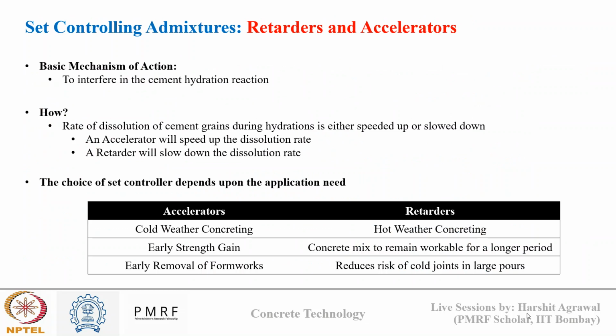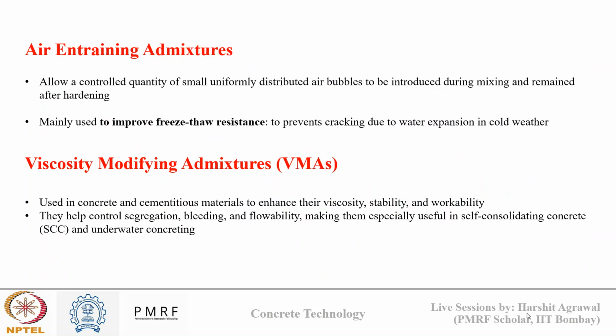After this, we talked about the action, application, and basic chemistry behind working of set controlling admixtures, which includes accelerators and retarders. And finally, we talked about some other special purpose admixtures like air entraining admixtures and viscosity modifying admixtures.